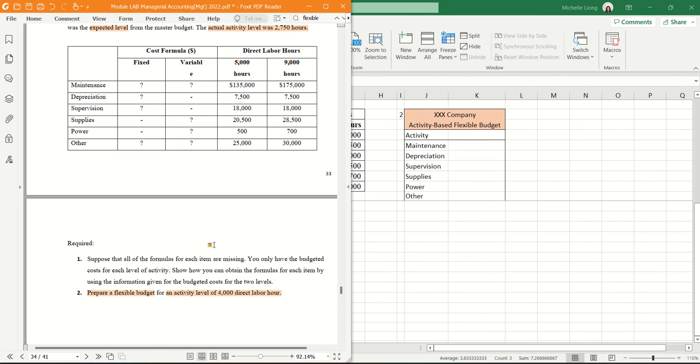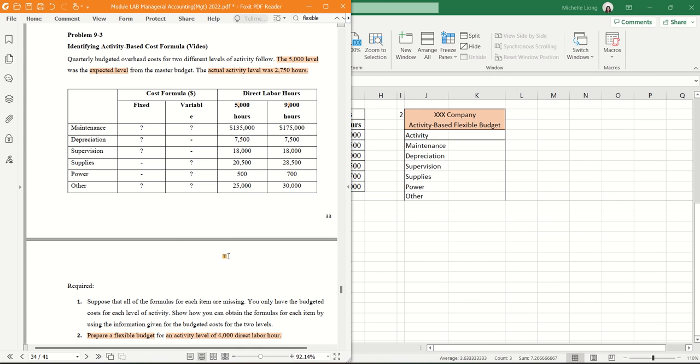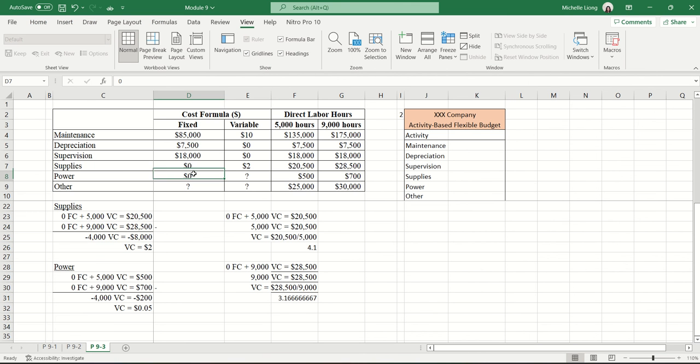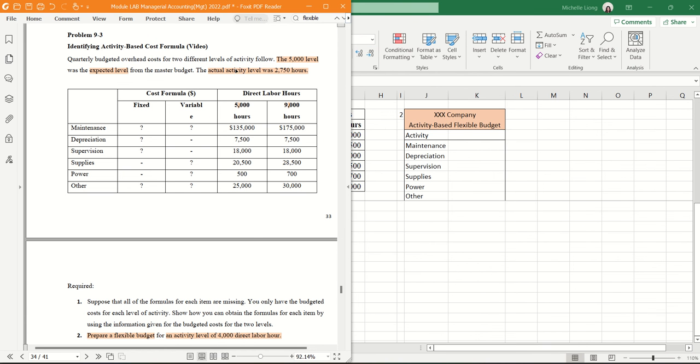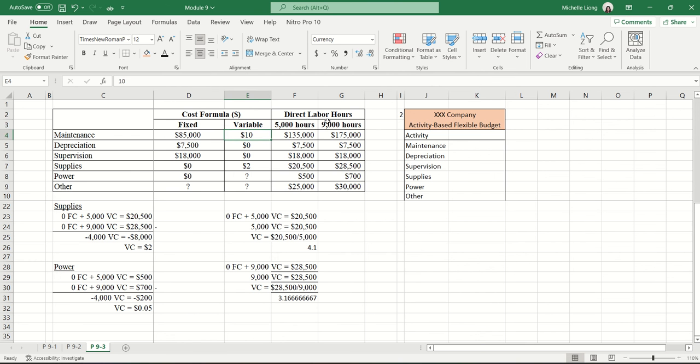So go back to this and see that the 5,000 level was the expected level from the master budget. And right here, we are going to find the budgeted cost for the two levels. Although they are saying that two levels, your supplies and your power rely on your variable only. So the one that relies on your variable only, you just need to see what is the expected level. So the expected level is 5,000. So use the 5,000.